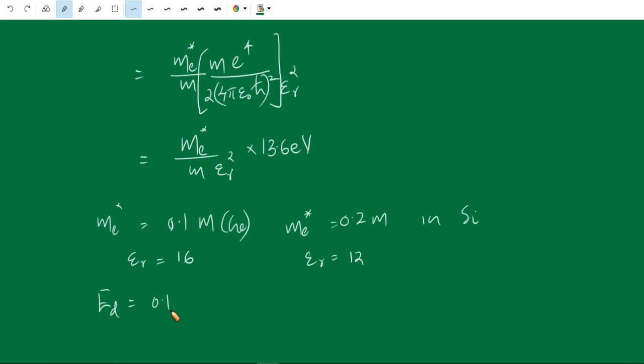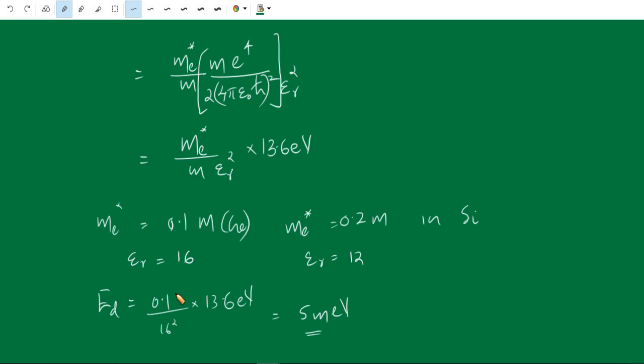Therefore this ionization potential will become 0.1 divided by 16 square into 13.6 electron volt. So this is around 5 milli electron volt, which is a very small energy.